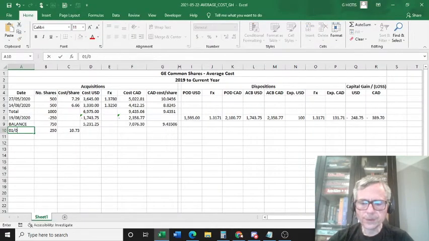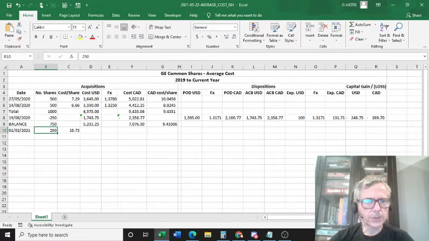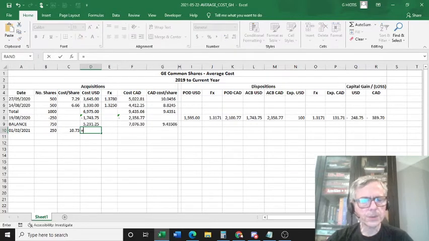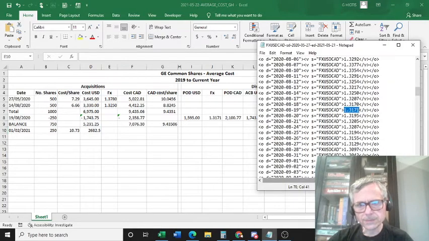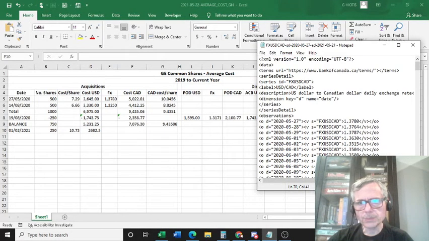On the 1st of February 2021, we bought another 250 shares, equals this multiplied by the number of shares. Now we want to find our exchange rate on February 1st, 2021.